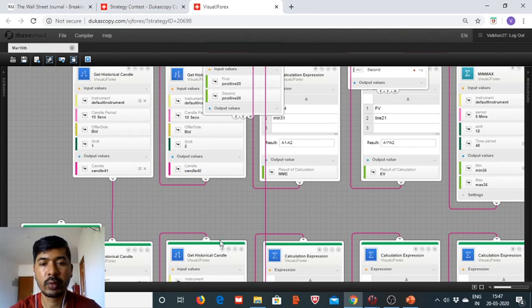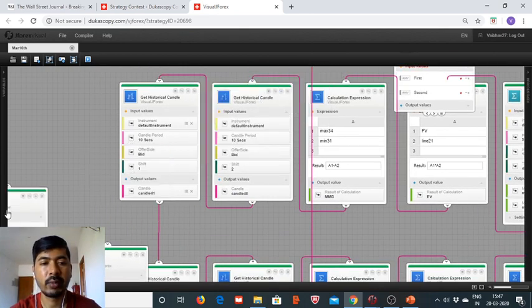We will keep these two blocks on the side for the time being.